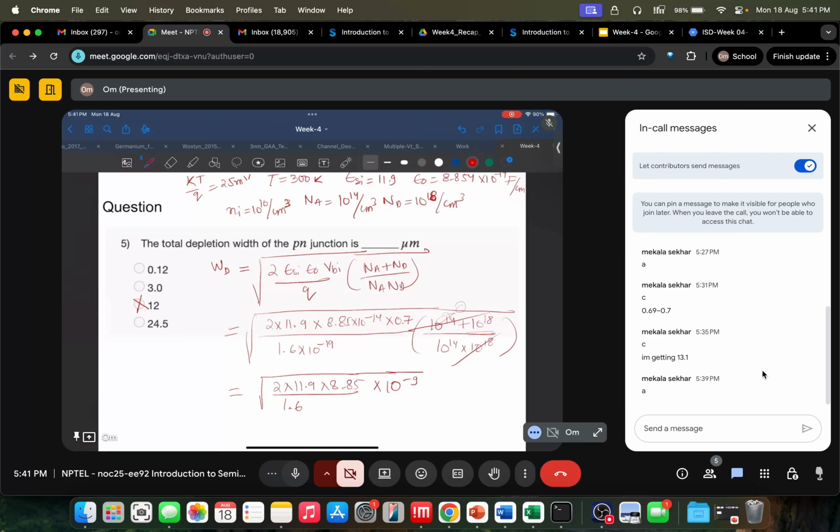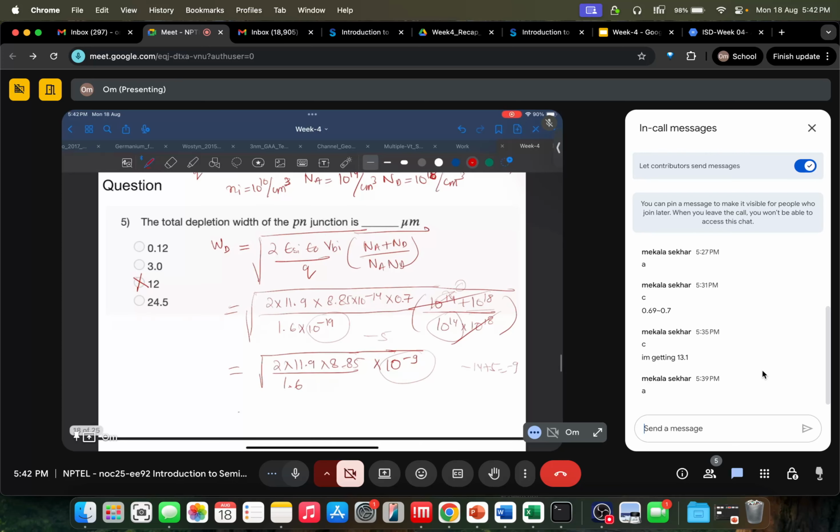This 14 minus 19 minus 5 minus 5 will go up and become minus 14 plus 5, which is minus 9. You have 21 minus 9 here. And when we solve it, it comes out as 3 into 10 to the power minus 4 centimeter, which is equal to 3 micrometer.